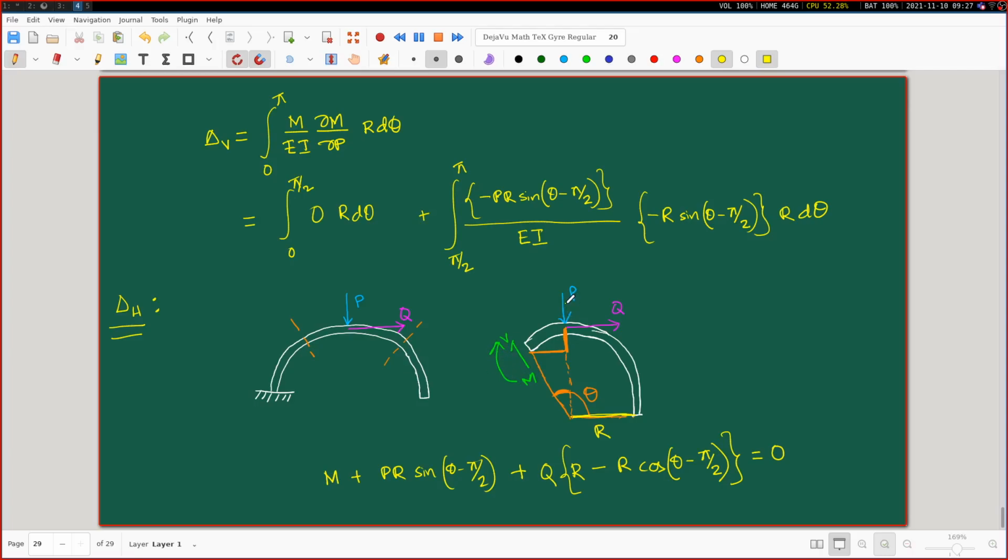Contribution from P towards a moment calculated about an axis which passes through this end is clockwise. Contribution to the moment from this fictitious force Q about an axis passing through this end is also clockwise. So all of them have these positive senses in front of them. This thing is equal to 0, and again, just like before, it is extremely important to note that this theta is lying between pi by 2 and pi.